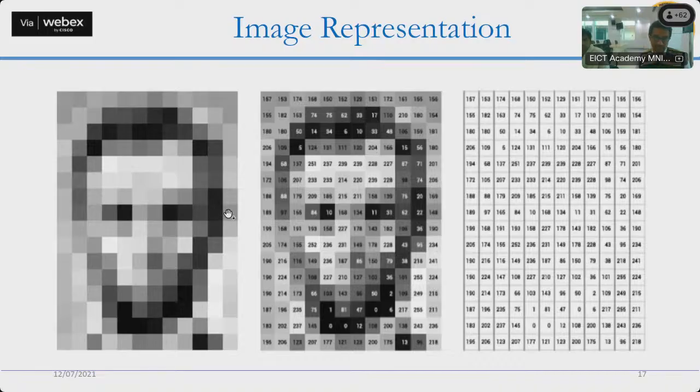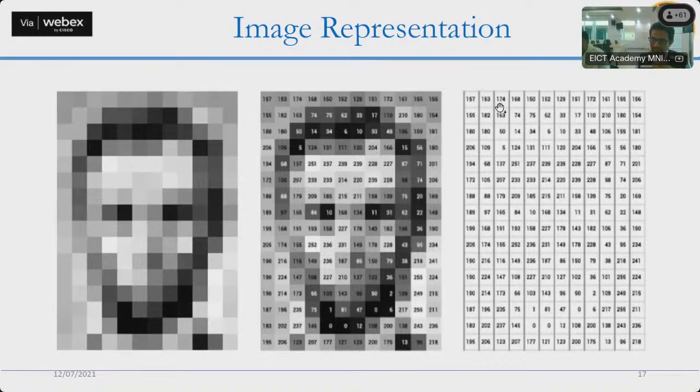So first the normal image has been converted into digital form, and thereafter, in digital form, we are writing the different pixel values, right? And then the initial image is also not required. Only these pixel intensity values are sufficient to do any type of operations.